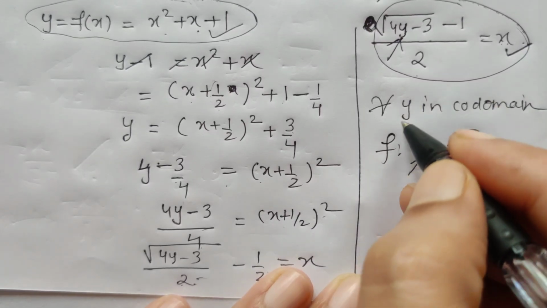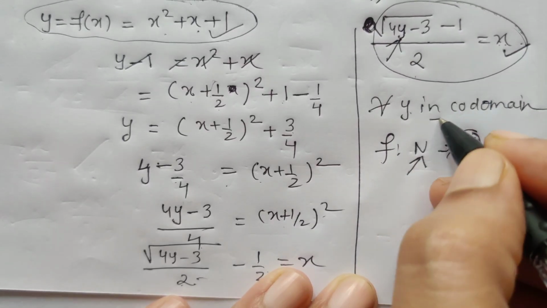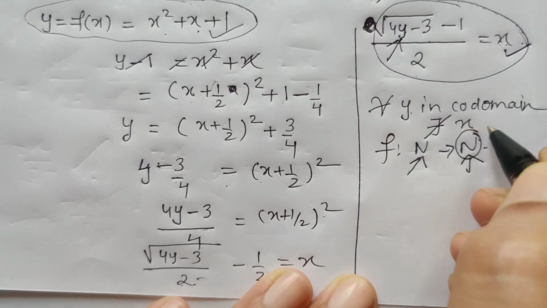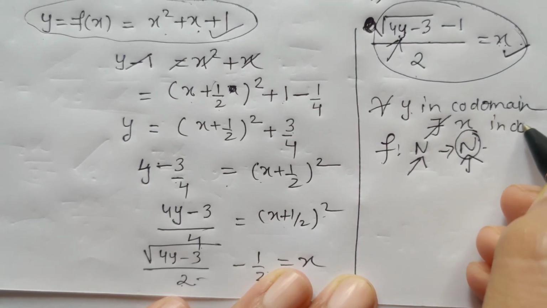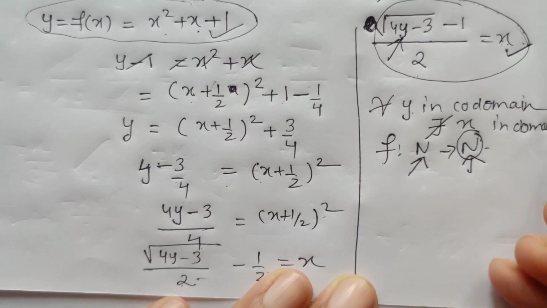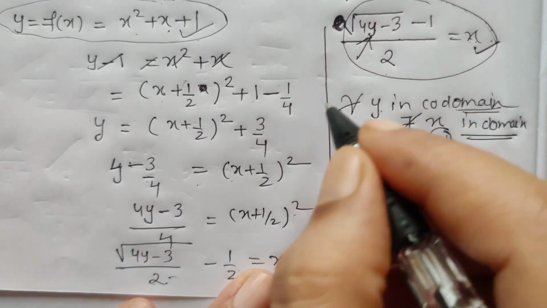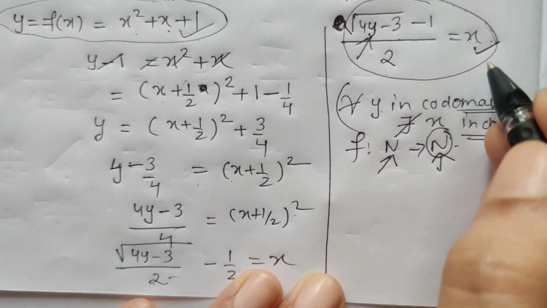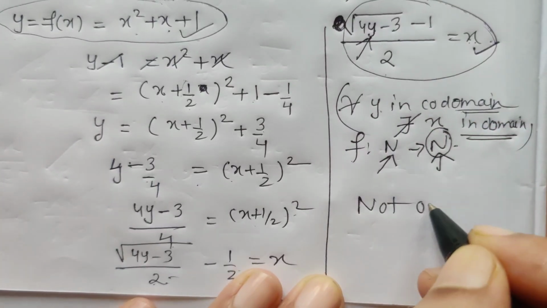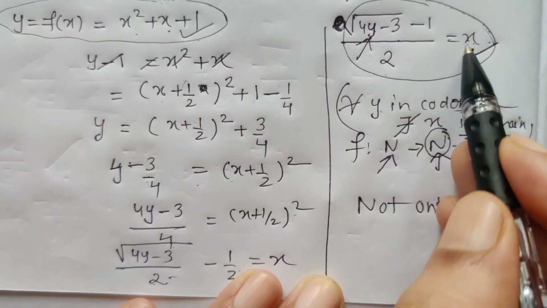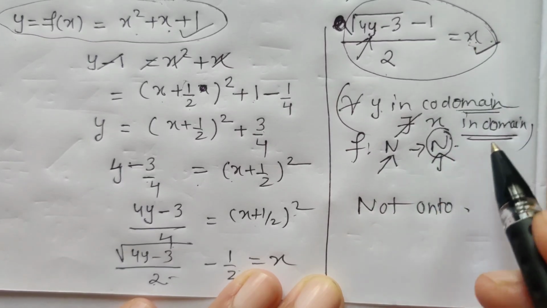So for every y in the codomain, there does not exist x in the domain. This is a very important condition to be mentioned in brackets when you are declaring this not onto, because the value of x is 0, which is not in the domain.